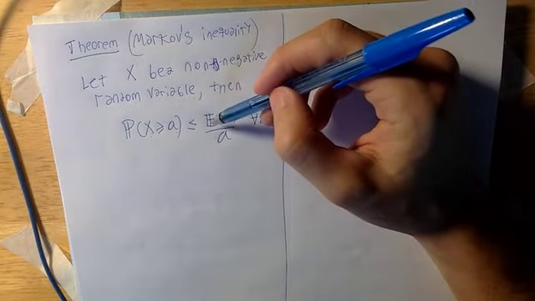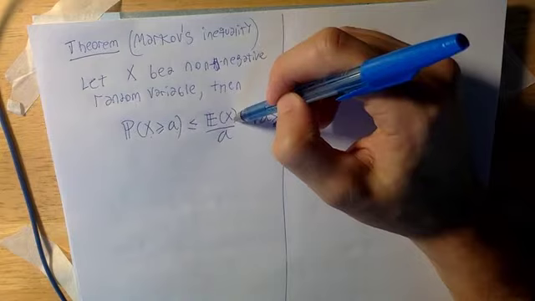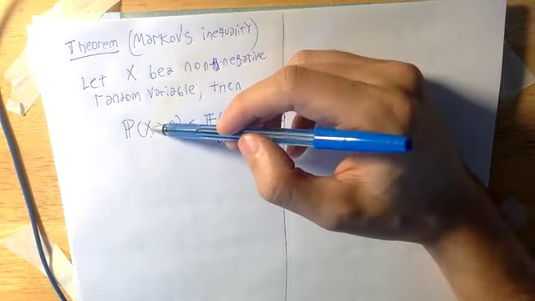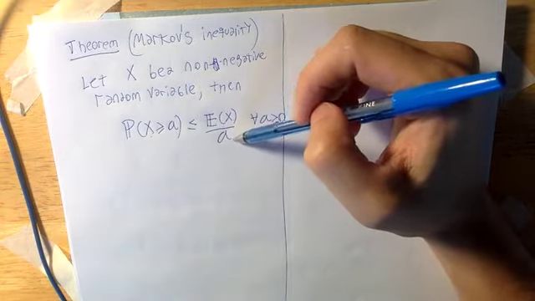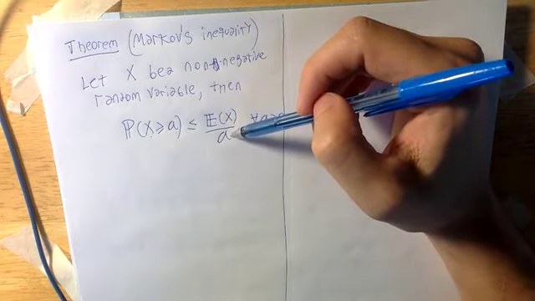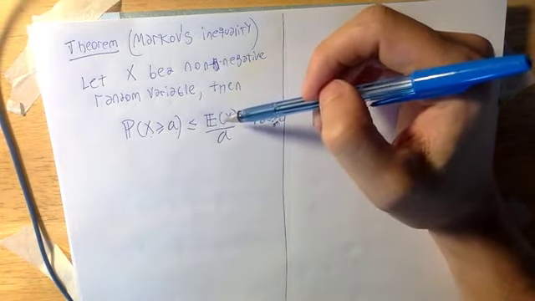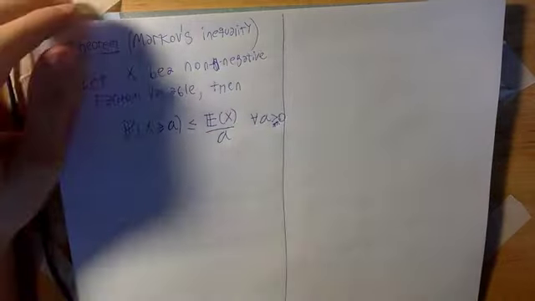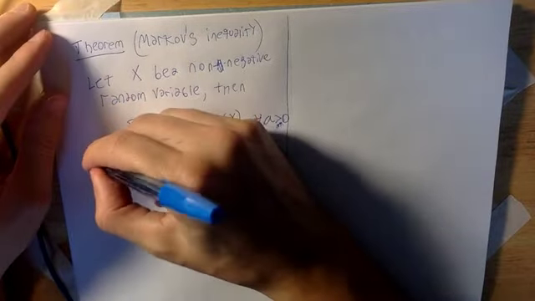So if the expectation of x is equal to 1, then the probability that x is larger than 100 has to be small. It has to be less than 1 over 100. Okay, and how do we prove this?